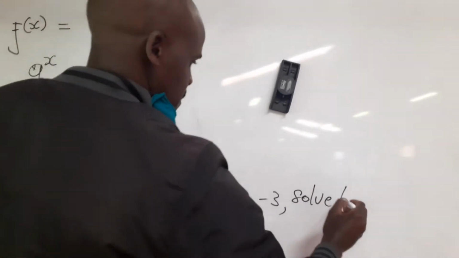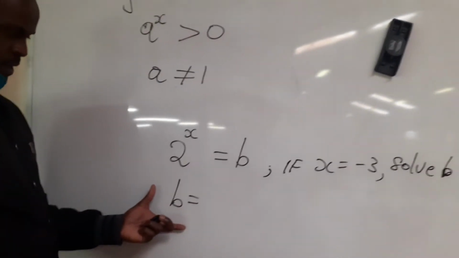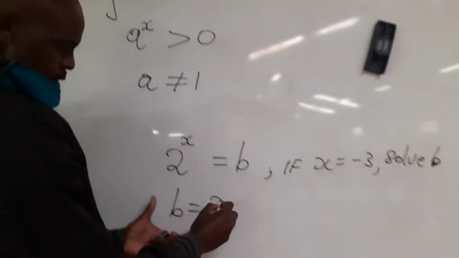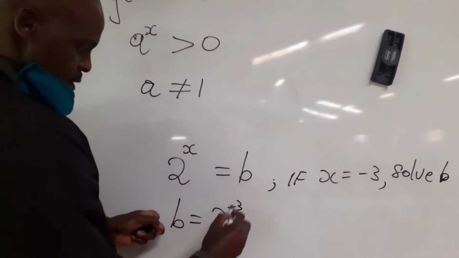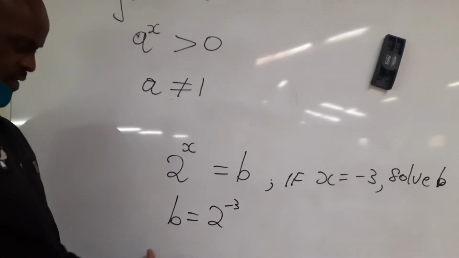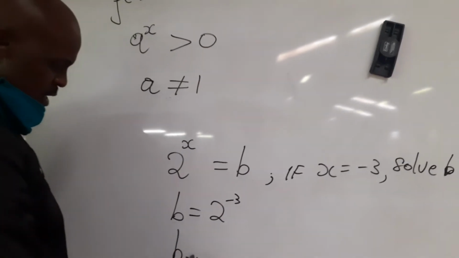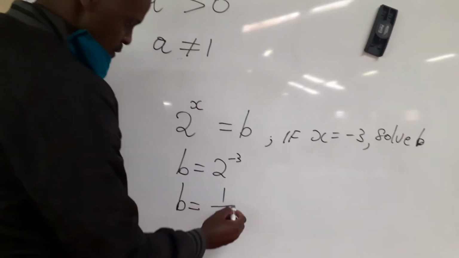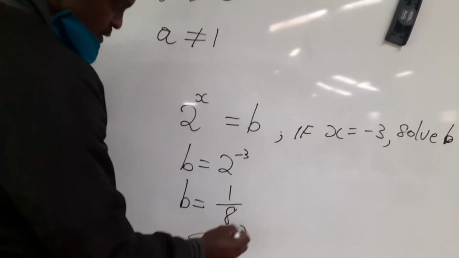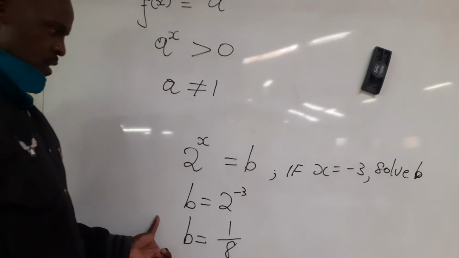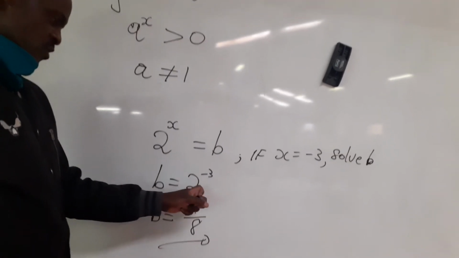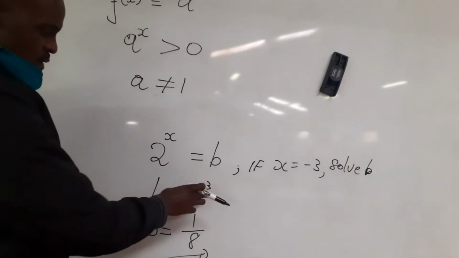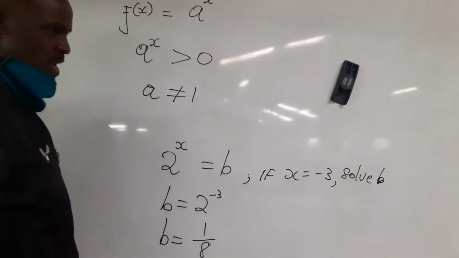Where there is x, we are going to put minus 3. So when you look here, this is existing. b is equal to 1 over 8. It's either you put a positive value of x or a negative value, b will be always existing.